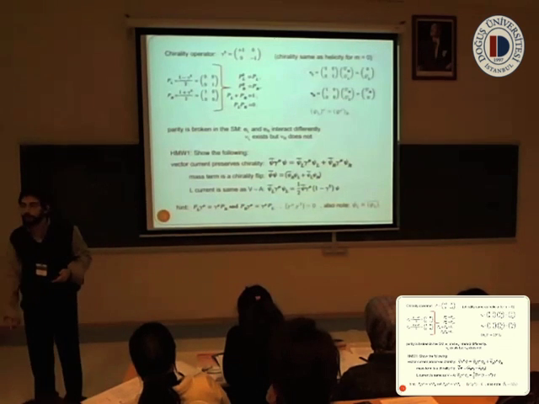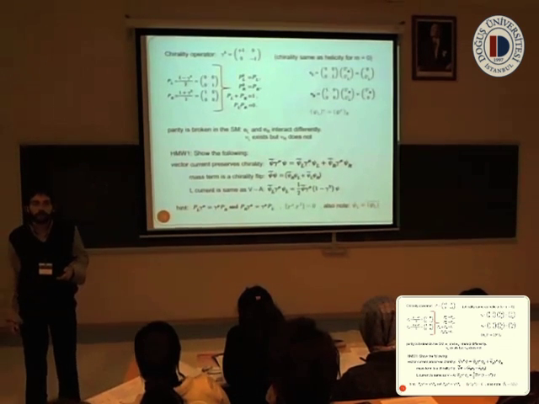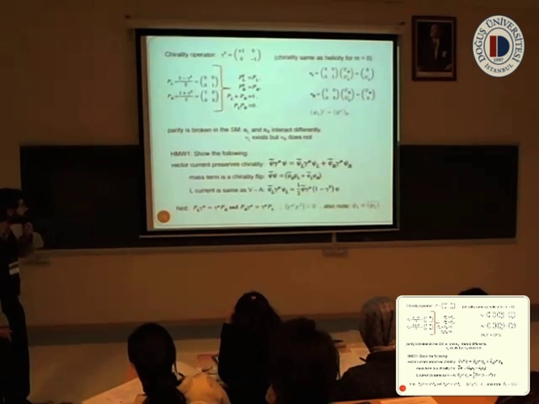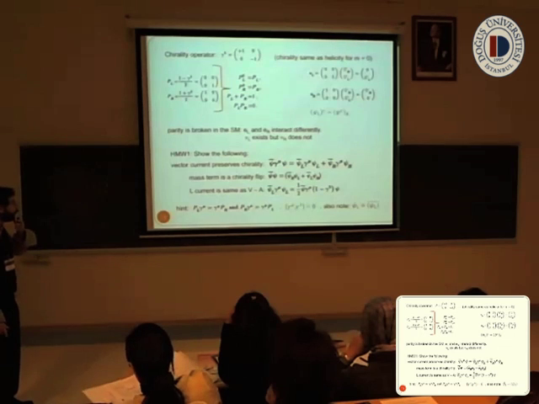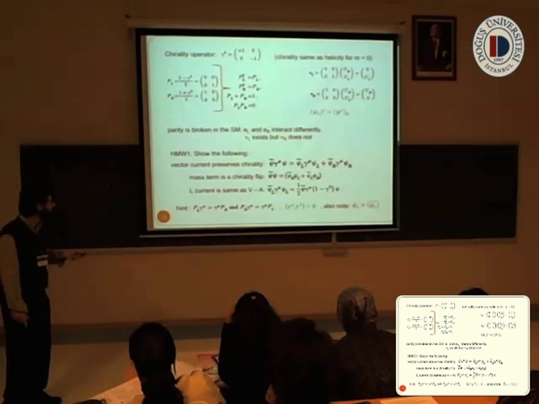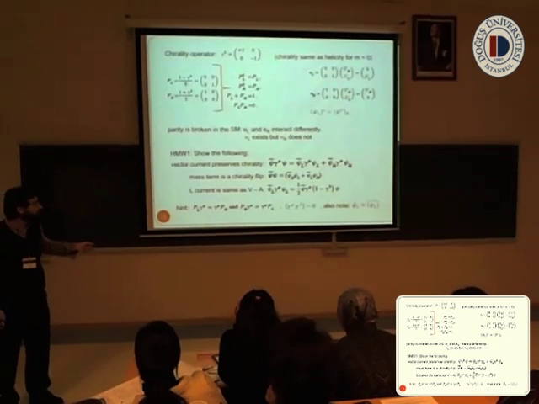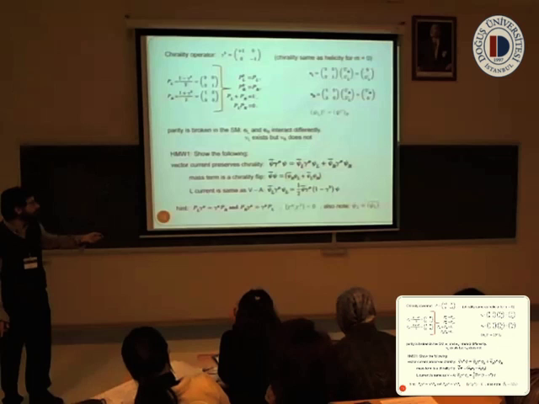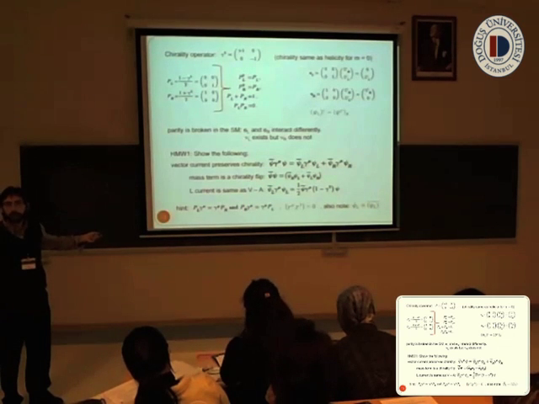Any other questions? So, what is the meaning of preserving chirality? Is it that the same type of component must appear in the same term? Well, I mean, it's just a fancy way of saying that in the vector current you have a left-handed spinor connecting to a left-handed spinor. That's all.